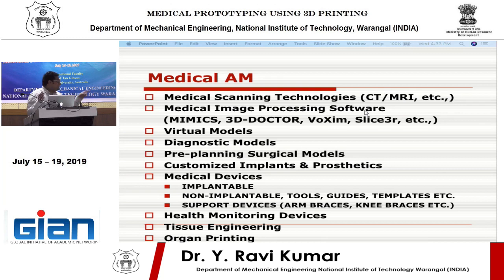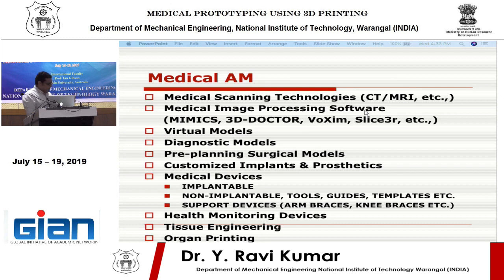But when you talk about a tissue or organ, it has to do something else, right? It has to function like the organ which is going to be printed and replaced, or repaired. So there will be a lot of challenge. It's not that easy, because it has to perform several things, not simply load bearing, right?